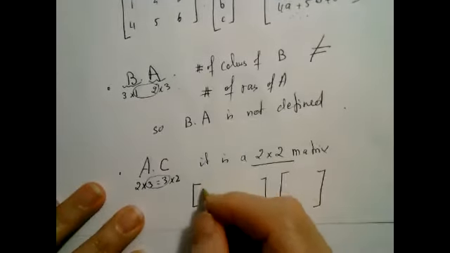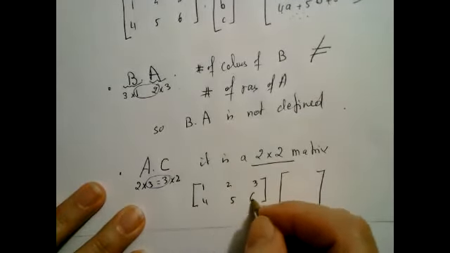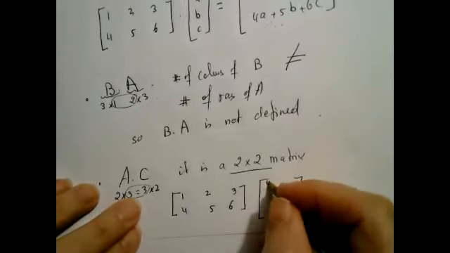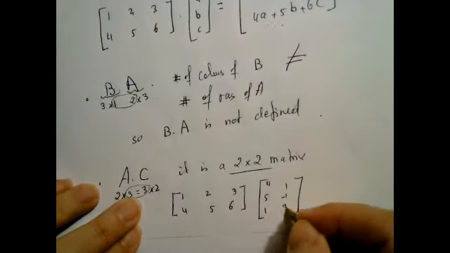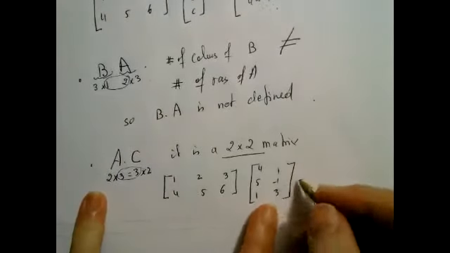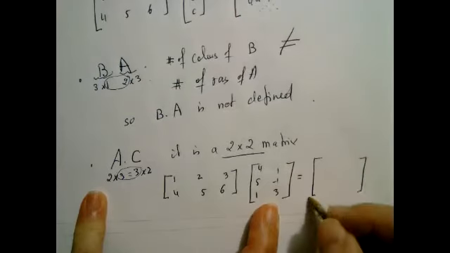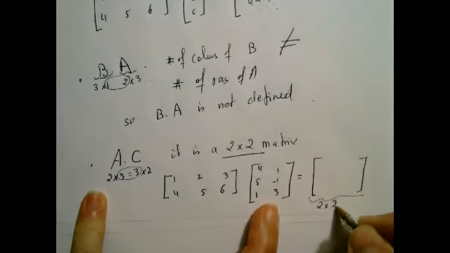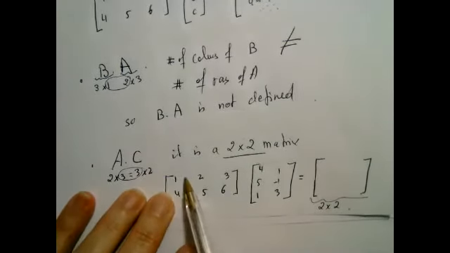So 1, 2, 3, 4, 5, 6, and the C I took was 4, 5, 1 and 1, -1, 3. Now when I multiply them, I know that this has to be 2 by 2, and it's a good guideline that helped me know I got the right size. Now how do I multiply them?